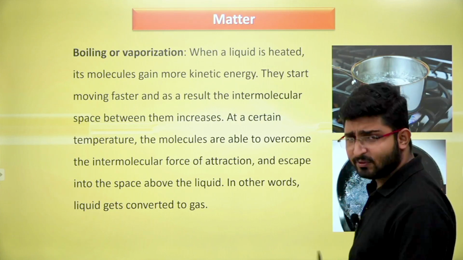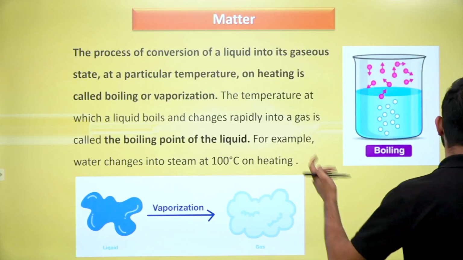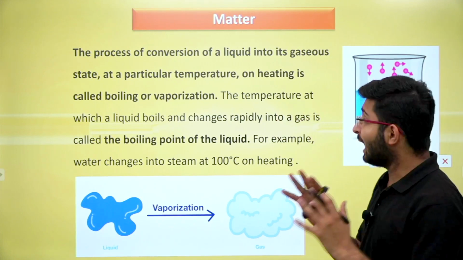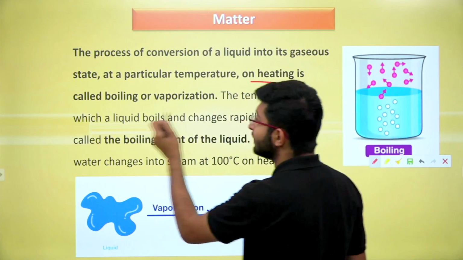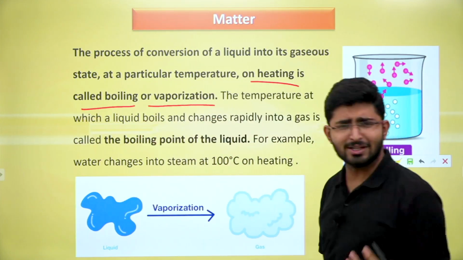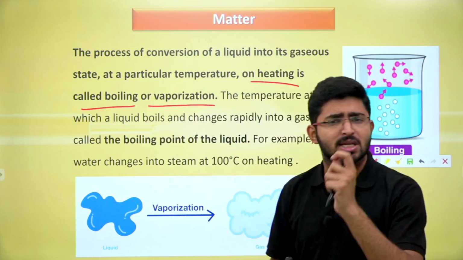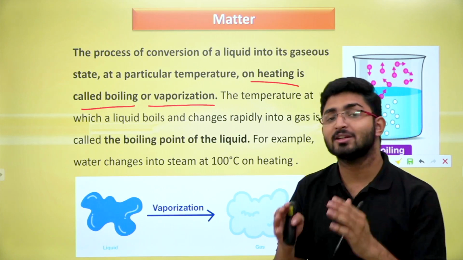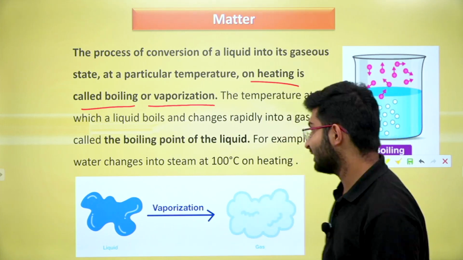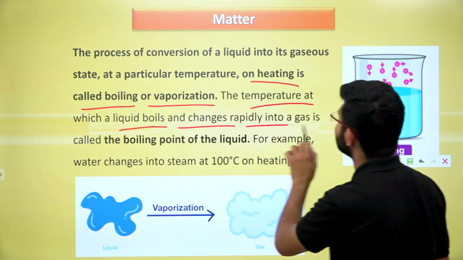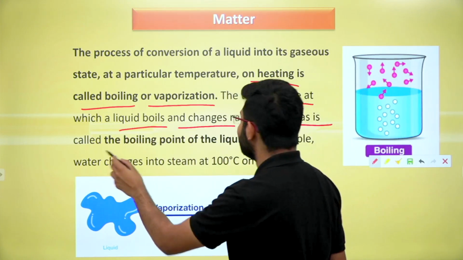So what is the general definition of boiling? The process of conversion of a liquid into its gaseous state at a particular temperature on heating is called boiling or vaporization. It is very easy. Whenever any liquid changes itself into the gaseous state, it is boiling or vaporization, right? The temperature at which a liquid boils and changes rapidly into a gas is called the boiling point of the liquid.